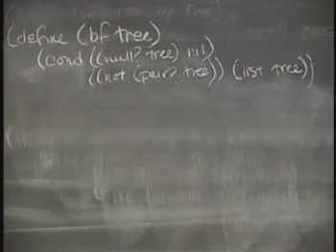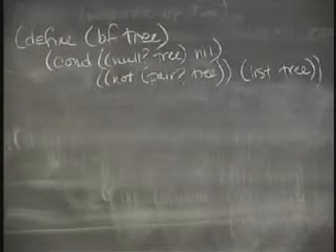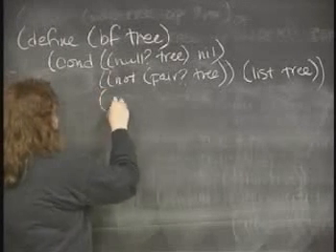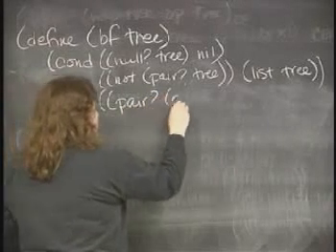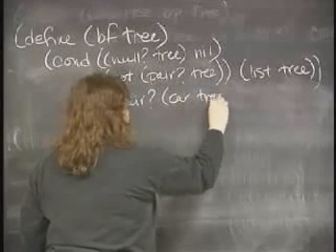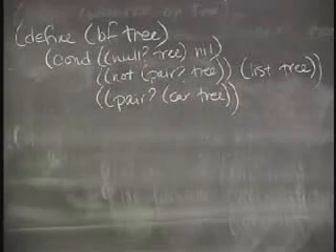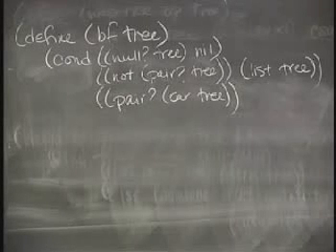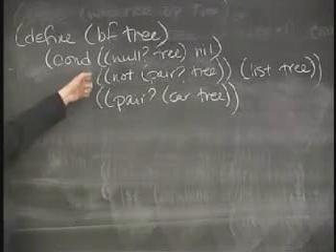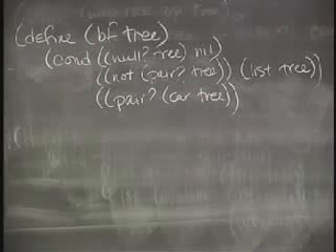Car pair. Because if we've gotten to this part of our cond, we can safely take the car of the tree, right? Because I've just made sure that tree is a pair by that step above. So if I get here, I know that I can safely take the car of the tree, and I'm checking to see if it is a pair.